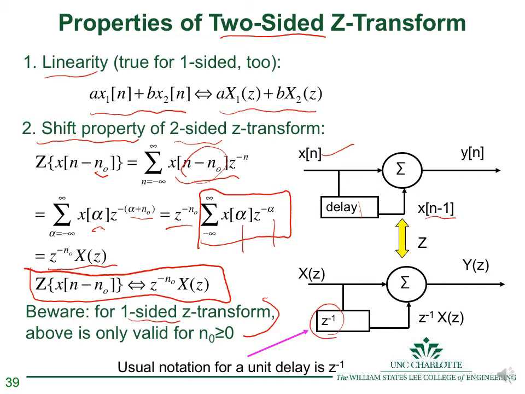And so here, the z transform of the input would be X of z, the output would be z to the minus 1 X of z, which would correspond to the z transform of x of n minus 1. And so just taking z transforms across this block diagram, the delay becomes z to the minus 1. And so typically, delays are drawn as z to the minus 1 in digital signal processing block diagrams.